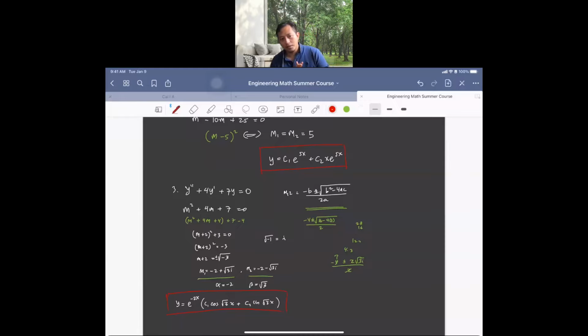The next ones, we still have at least two more sections, undetermined coefficients and variation of parameters. We will skip the Cauchy-Euler equation and the non-linear equations. Well, it depends on our progress, I think.